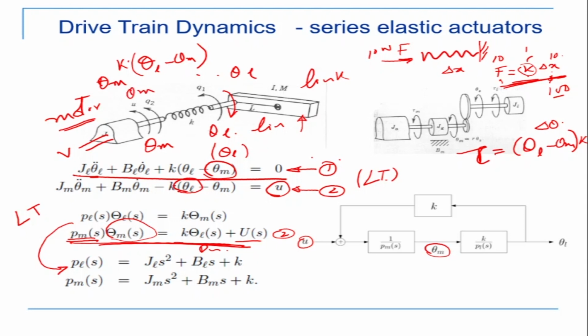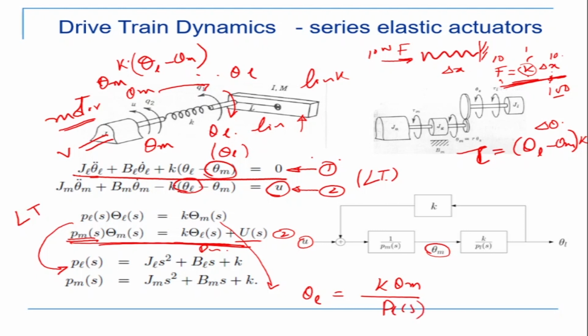And this theta MS is going to go from here. Theta MS is being generated, then it's going on that side, which is going through the spring, which is K into 1 by PLS. PLS is this side. Okay, so this is my PLS. So on this equation it is K by PLS. Now, let me clearly write it. So from here, I get theta L is equal to K into theta M divided by PLS.